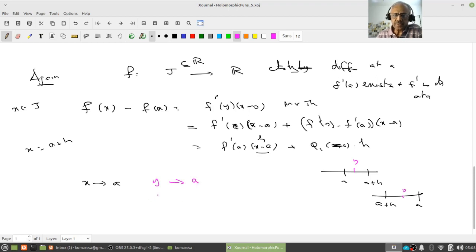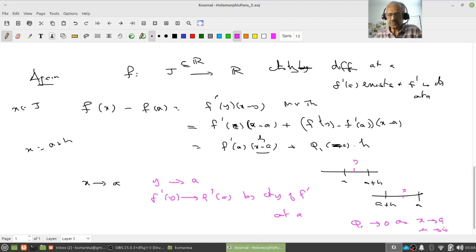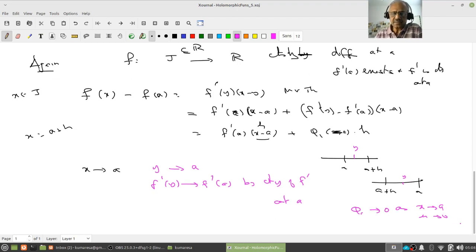So f dash y will converge to f dash a by continuity of f dash at a. Therefore this goes to 0, so phi 1 goes to 0 as x goes to a, or h goes to 0. Do you understand this?